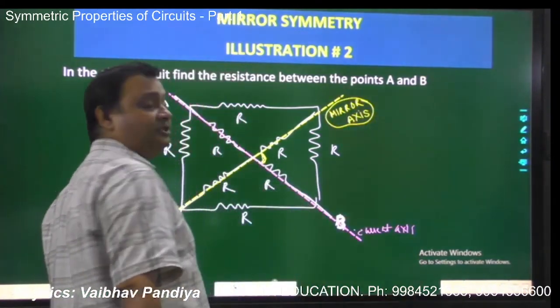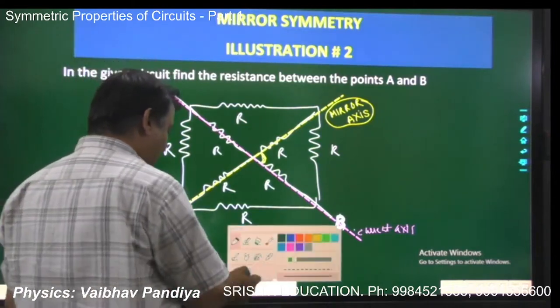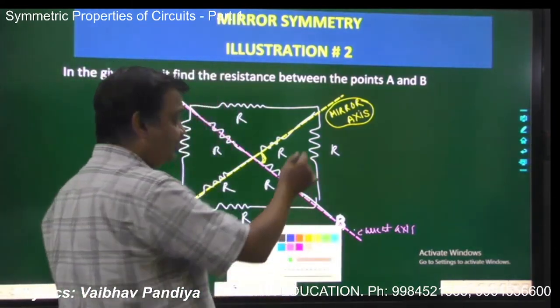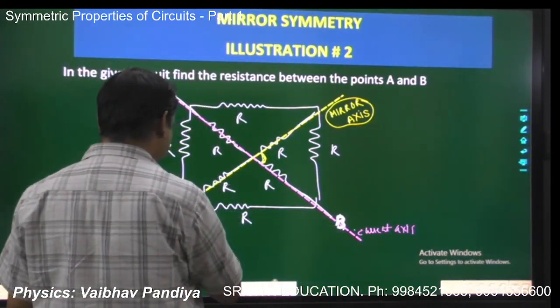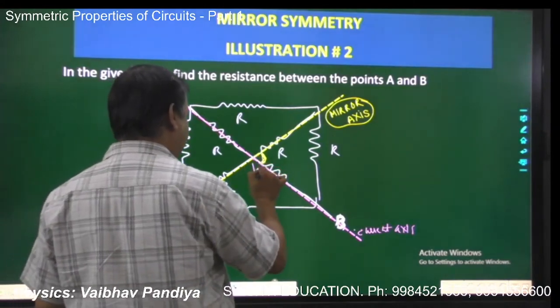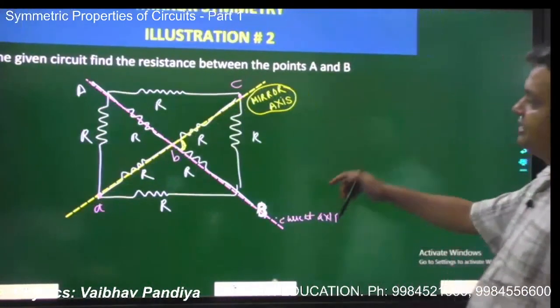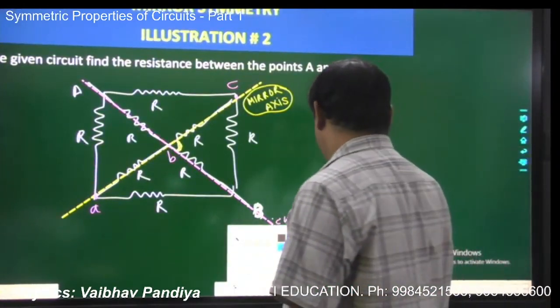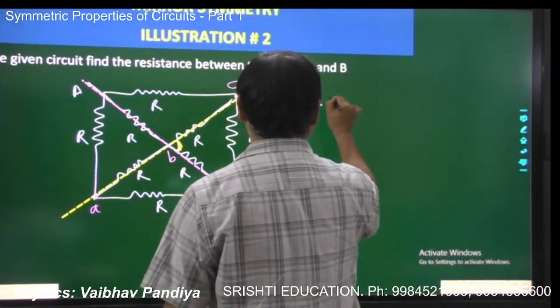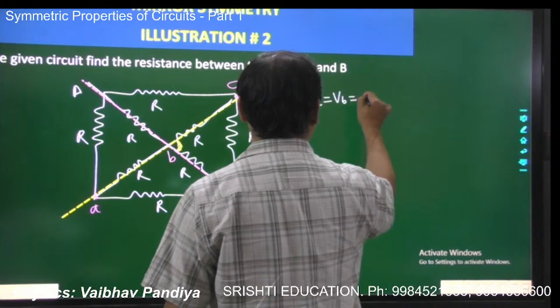So all the properties of the mirror axis will hold. So if I label the points, say this is point A, this is point B, and this is point C, the potentials of A, B, and C will be the same. VA will be equal to VB is equal to VC.